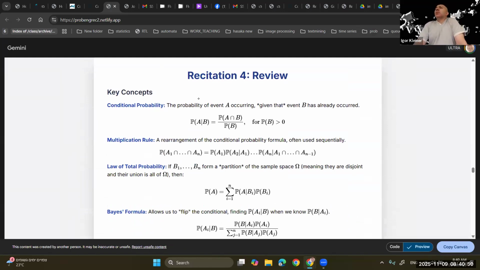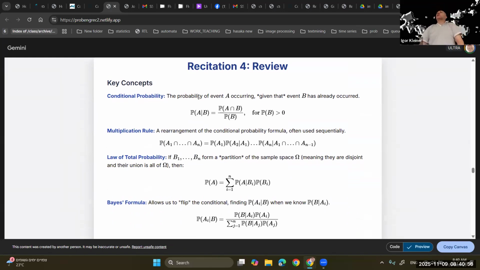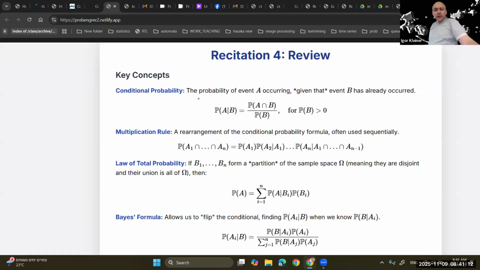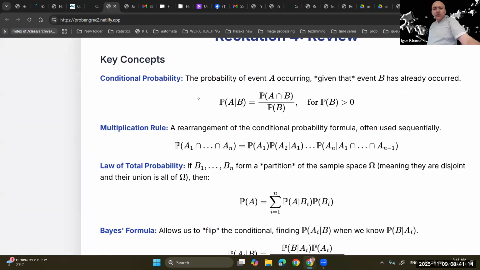Conditional probability, independence, the formula of total probability, and Bayes formula are very important tools from probability. I assume you know these tools from previous courses, but it's very important to review and to solve questions according to this material. The formula of conditional probability is very, very useful.